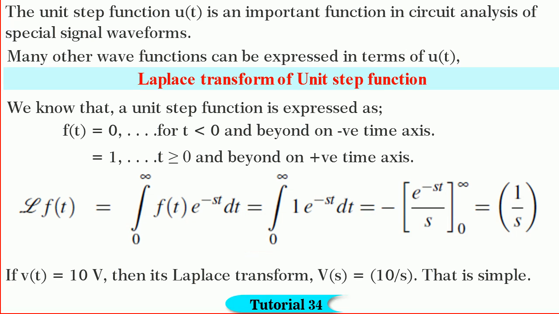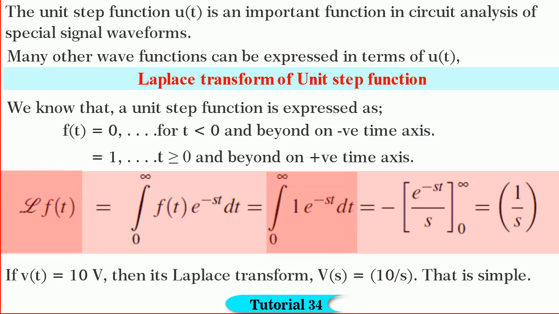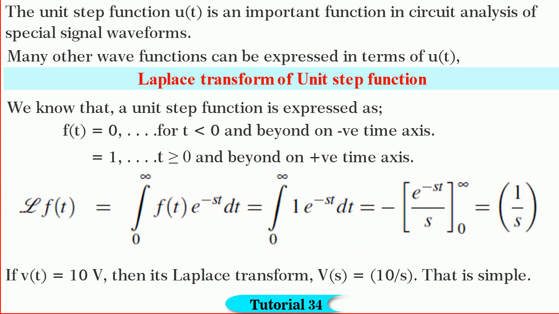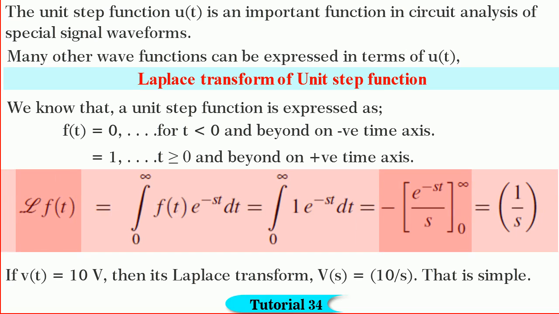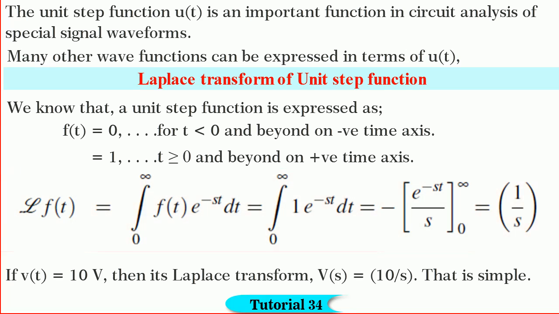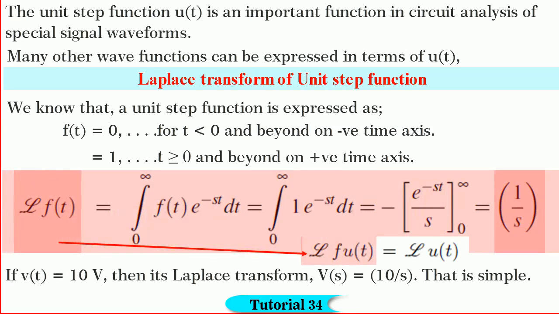By substituting the value of f of t, we get L of f of t is equal to integration from 0 to infinity 1 into e to the power of minus st dt. By integrating, we get L of f of t is equal to minus into bracket e to the power of minus st by s, limits ranging from 0 to infinity. By substituting the limits, we get L of f of t, that is L of u of t, is equal to 1 upon s.